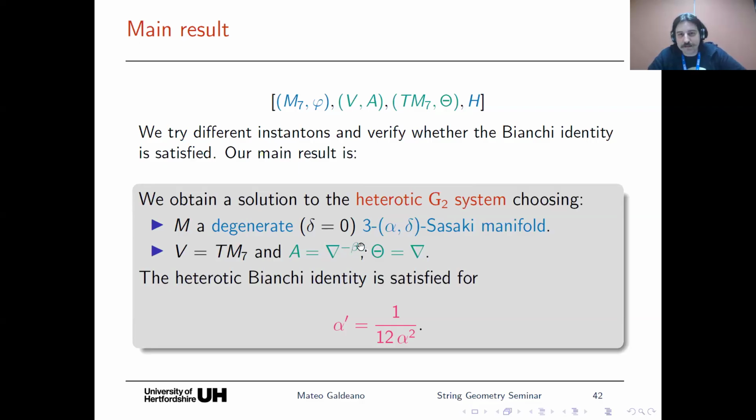And you have to pick actually one of each: one instanton that is this minus beta one, and the one we started with, the characteristic G2 connection. And then you can solve the heterotic Bianchi identity, and this parameter is given by alpha.